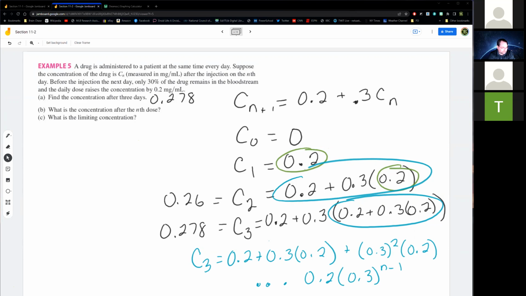So this is a geometric series with a being 0.2 and r being 0.3.